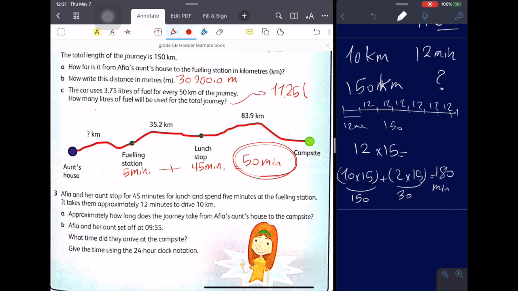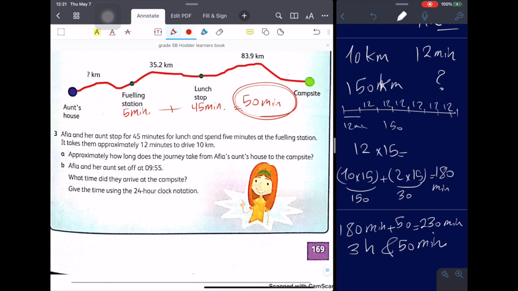They stopped for things, so we are going to add it on. 180 minutes plus 50 will make 230 minutes, which means 3 hours and 50 minutes. So approximately how long does the journey take from Afia's aunt's house to the campsite? Now we need to say 3 hours and 50 minutes.